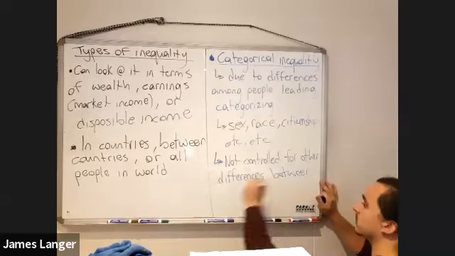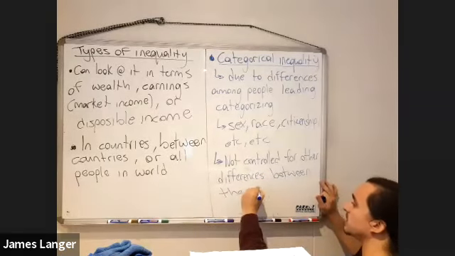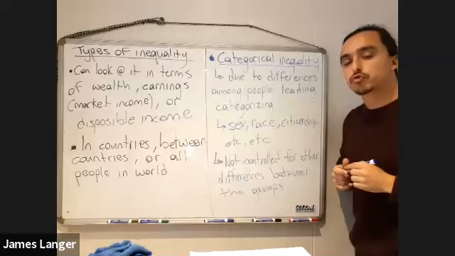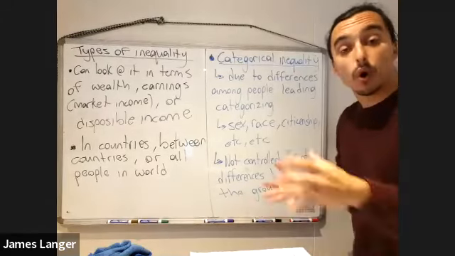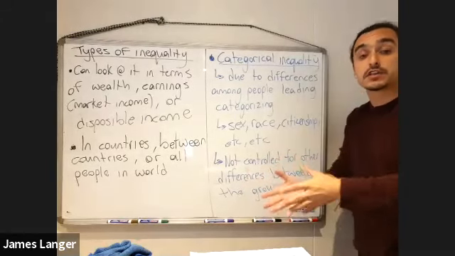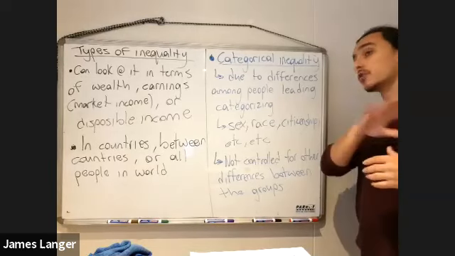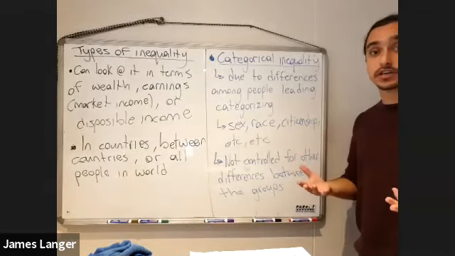So all this is saying is that we don't control for the fact that maybe one group is different to the other group in a way other than categorization.